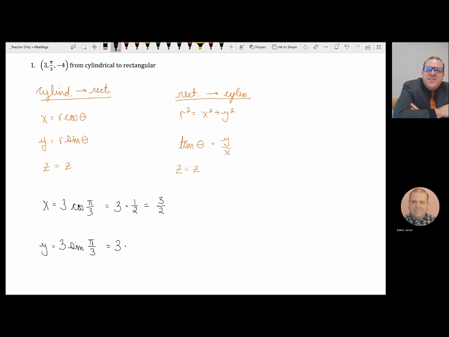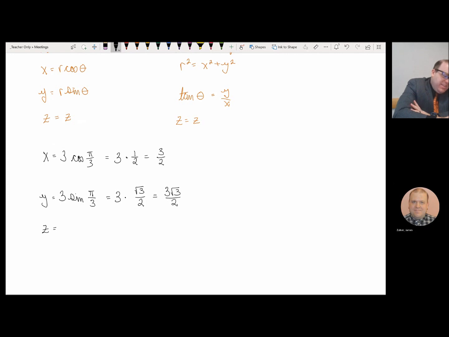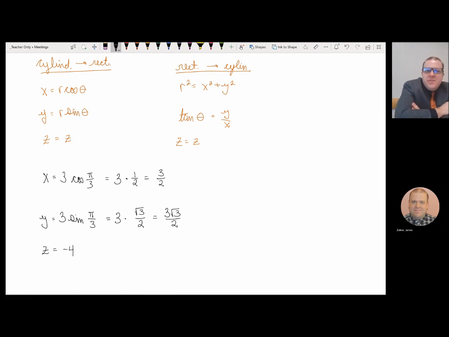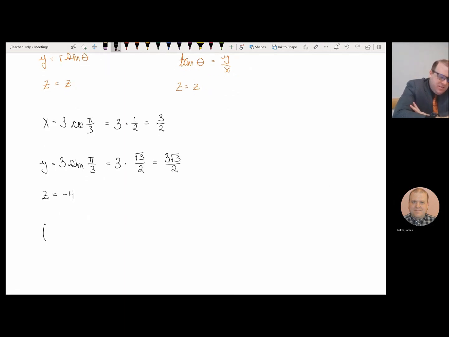And sine of pi over 3. And finally, the toughest one. Z is equal to Z. The point in rectangular is (3/2, 3 root 3 over 2, -4).